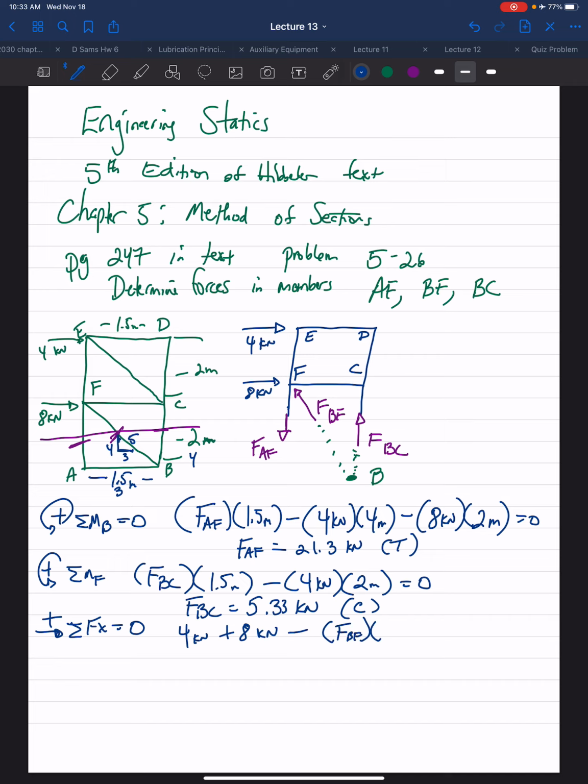Our X component would be, we said this was a 3, 4, 5 slope triangle, so 3/5, which is our X component of FBF. FBF is 20 kilonewtons, and that's in compression.